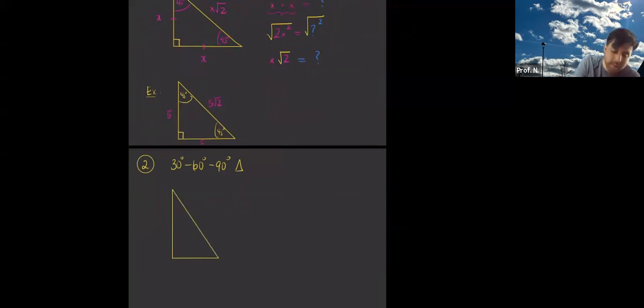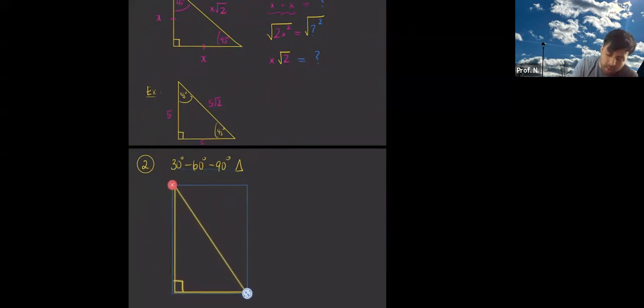The 30, 60, 90. So 30 is the smallest angle. Let me make this a little bit bigger. Okay, so this is 30.